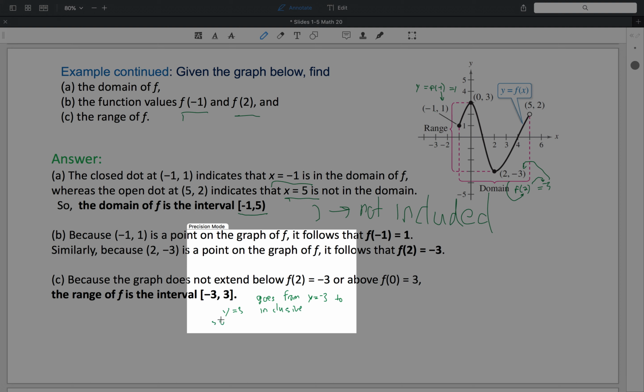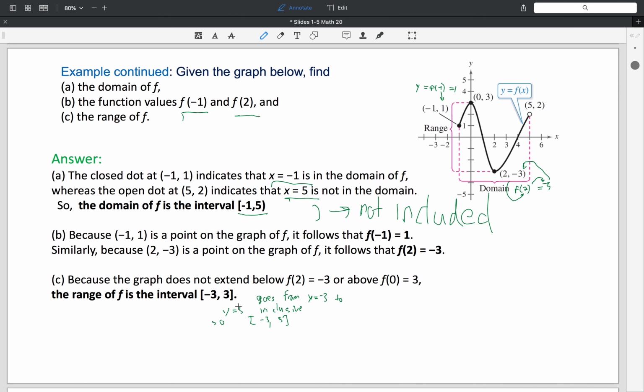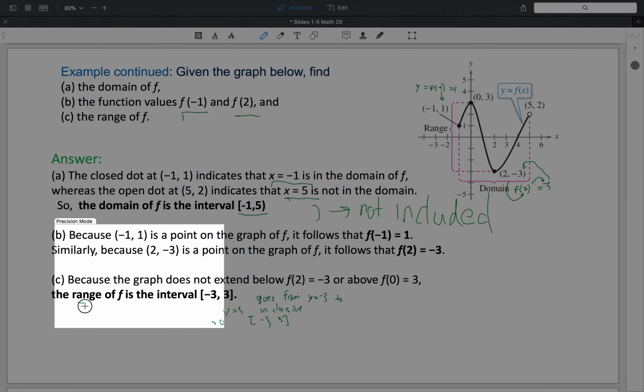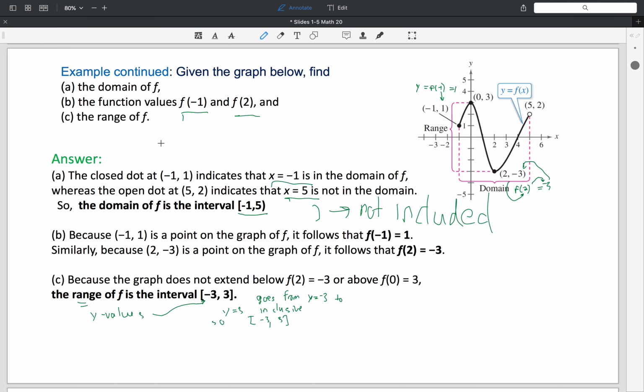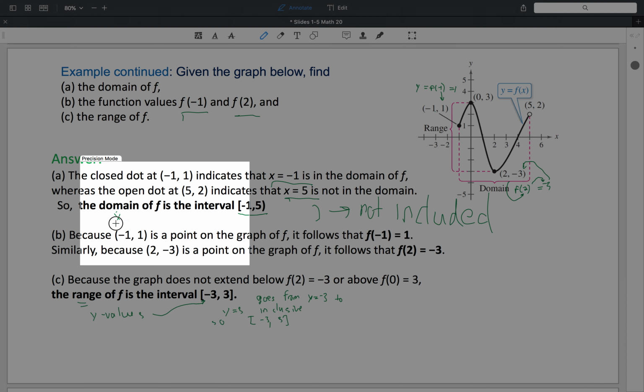That's why we get this answer here. And these are y values since it's the range, just like over here, since it's the domain, these are x values.